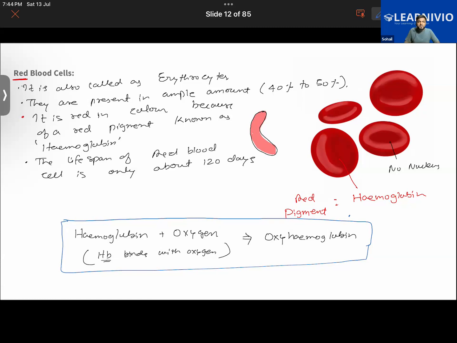If the amount of iron in a person's body is very low, the hemoglobin count will go down. And if hemoglobin decreases, the oxygen carrying capacity of the blood will decrease.